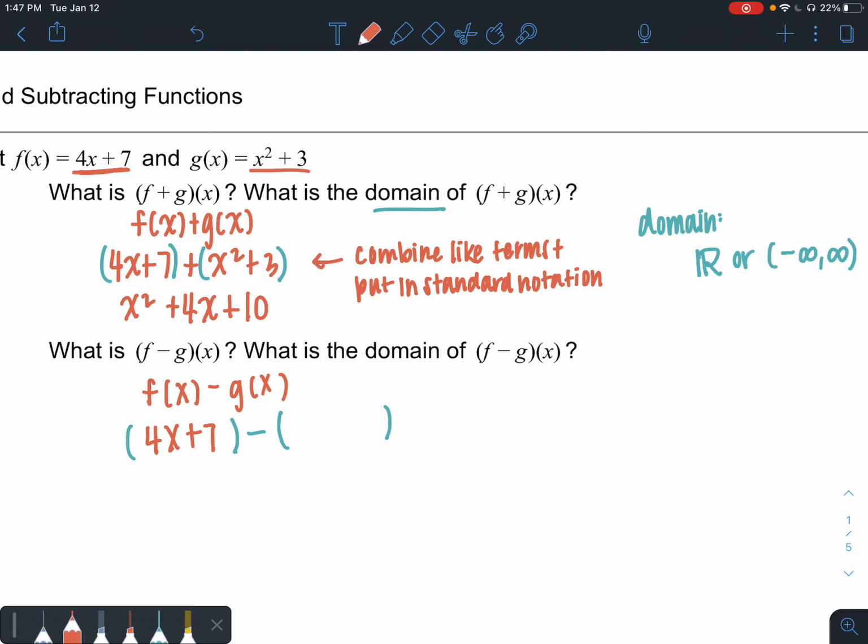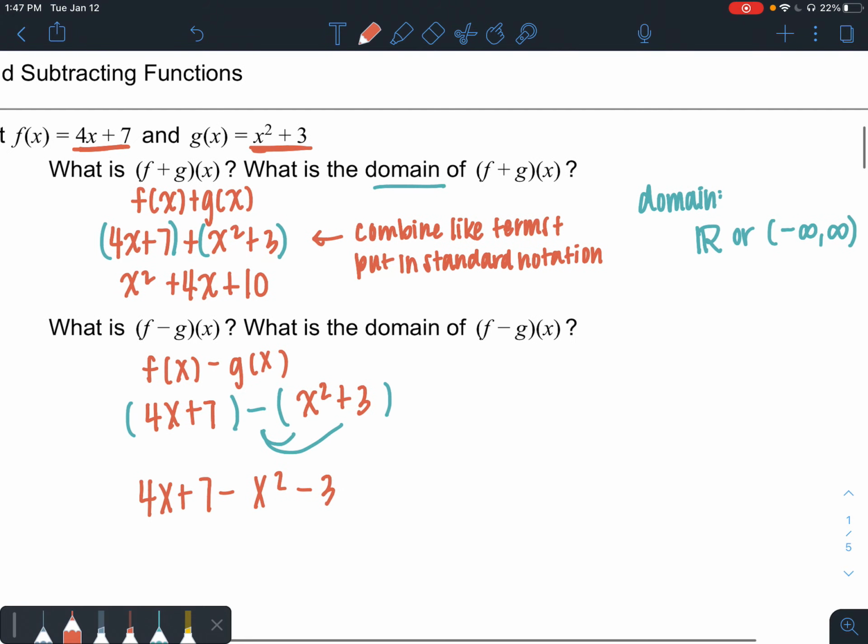And then g of x is x squared plus 3. To simplify, we'll distribute that negative through. And so we get 4x plus 7 minus x squared minus 3. Combine like terms, so we get negative x squared plus 4x plus 4.